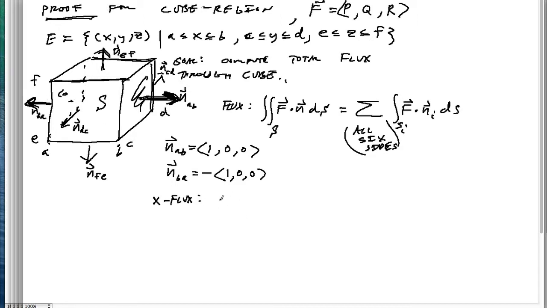So that should be, remember our F is going to be P, Q, and R, but we don't really care about anything else except for P, because that's the only component of the vector that's going to matter for this. So what we really get is, sorry, this needs to be a double integral there.